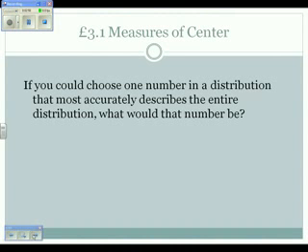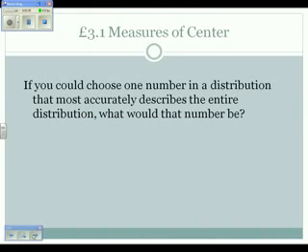And what number might you give? With respect to the data, what number would you give that might represent the data? The mean? I heard somebody say the mean. That's probably the most popular answer.